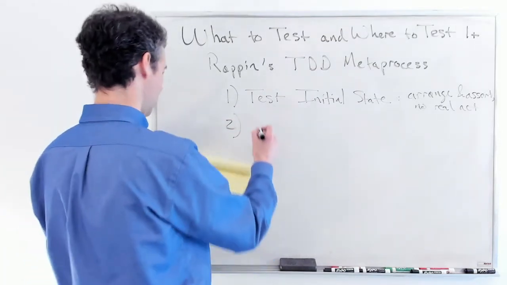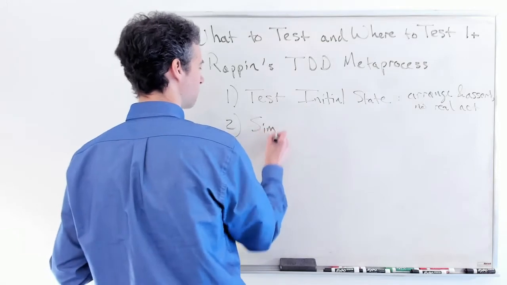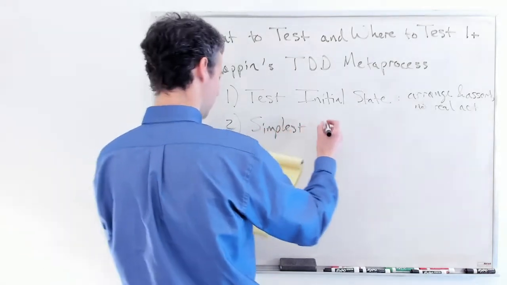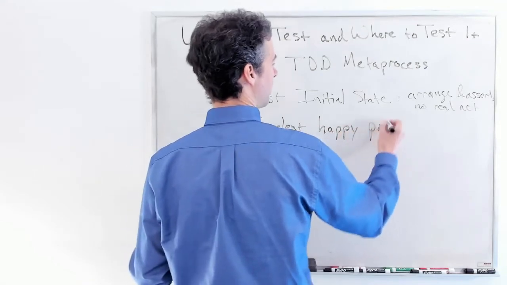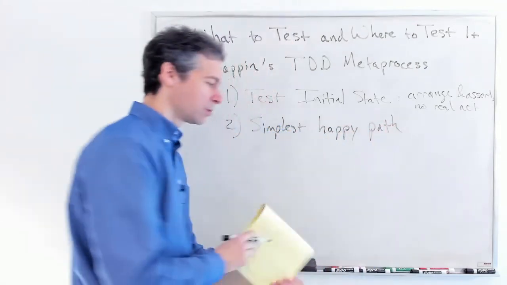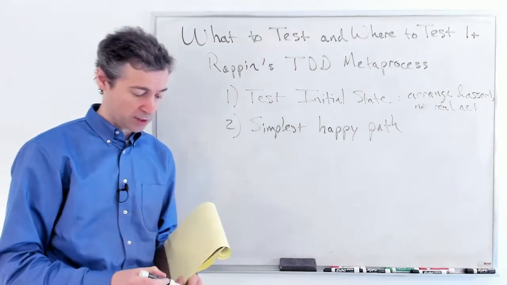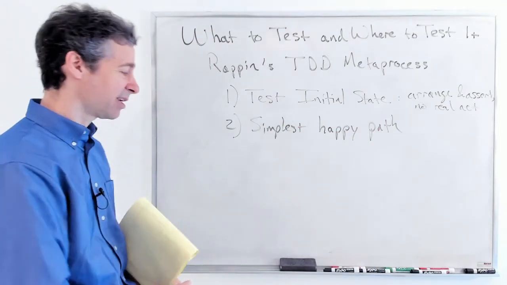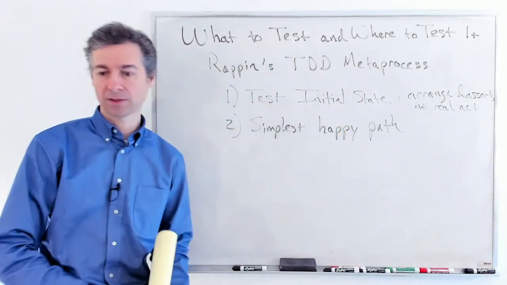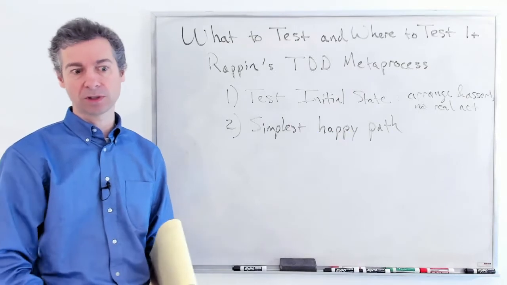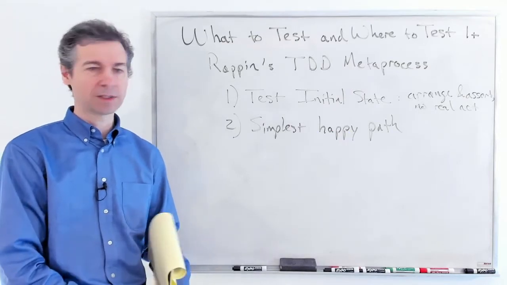Then he moves on, and he picks basically the simplest happy path. So again, the happy paths are when we are doing some testing and we expect that if I get this data, it'll all work nicely, and I should get this. It should behave like this. It's what we usually, unfortunately, it's where a lot of testing stops.